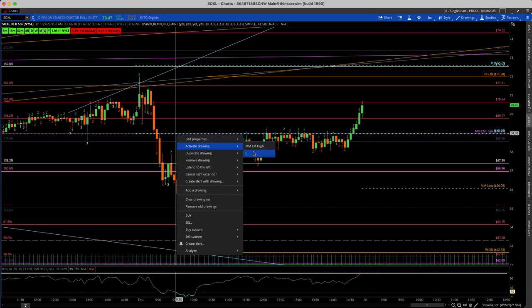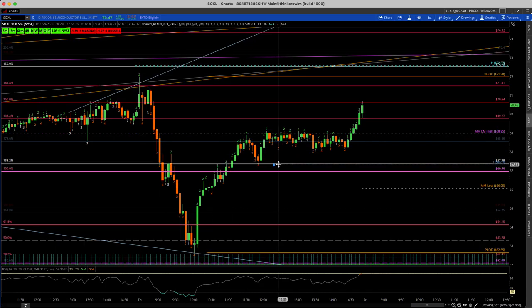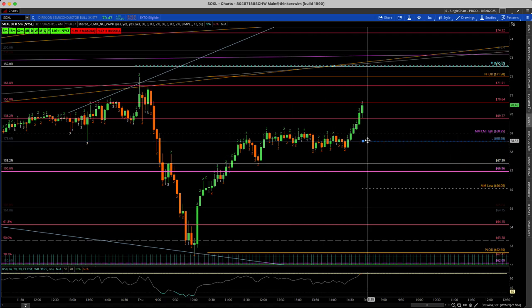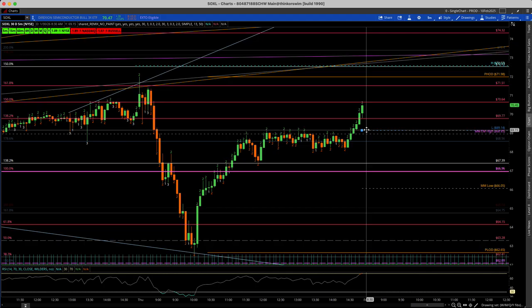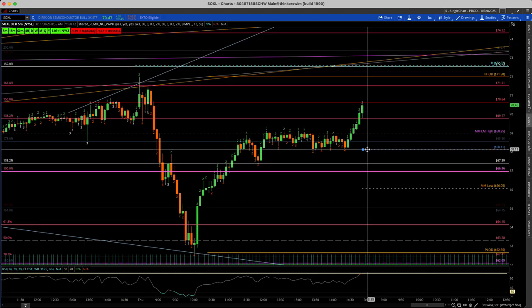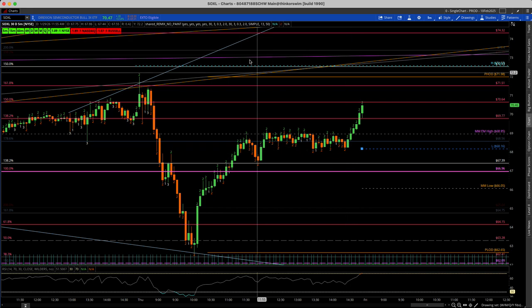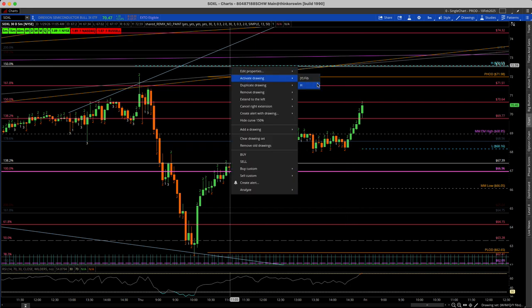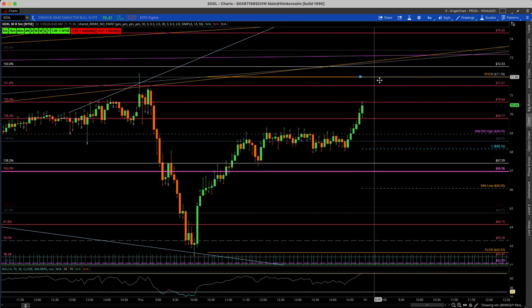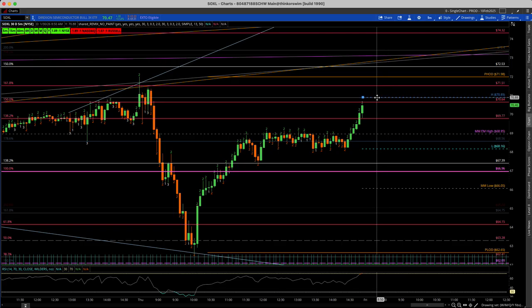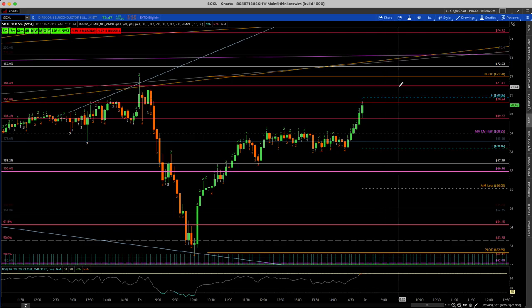Now, let's take the overnight low. Let's see, 69.31. We'll just say we come down to here overnight, right? That was a good level of support during the day, and let's say overnight high stays around like previous high of day, right?